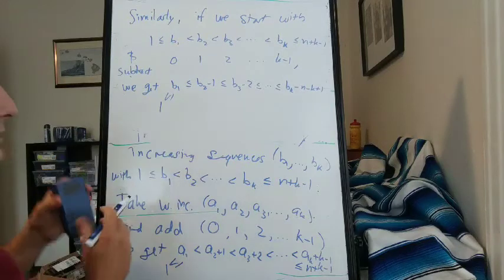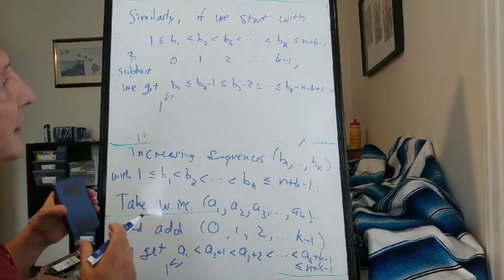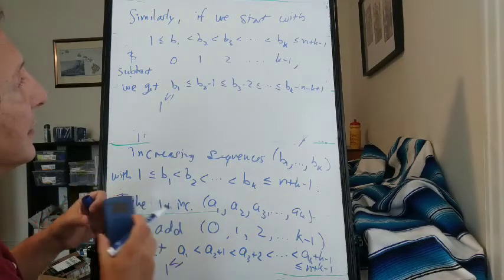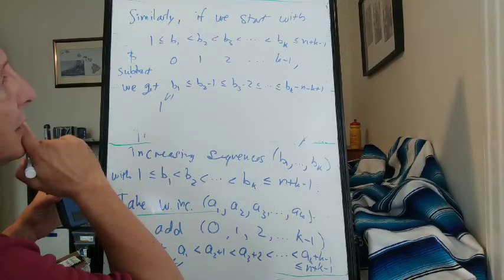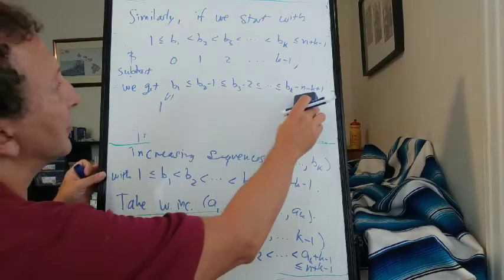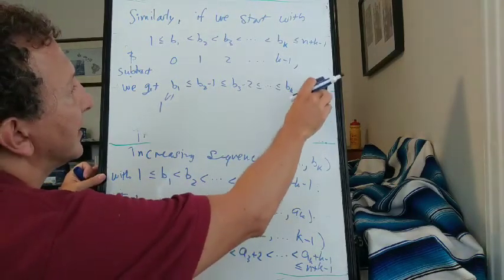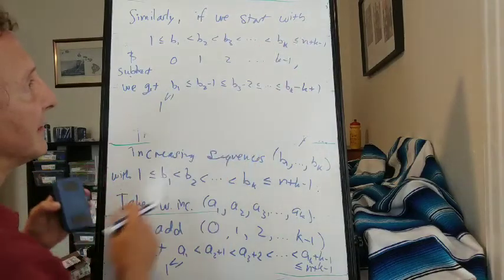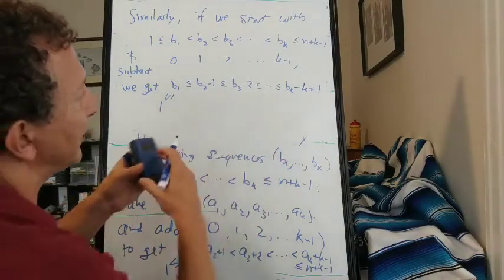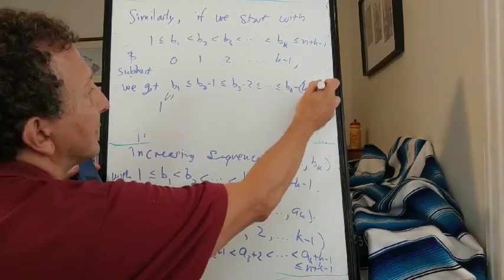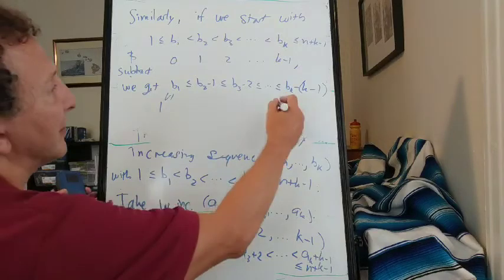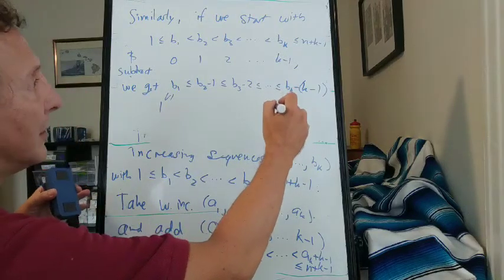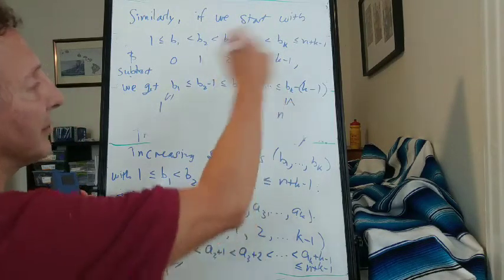B1 is greater than or equal to 1. And if BK is at most n plus k minus 1, and we subtract k minus 1, then we get something that's no greater than n.